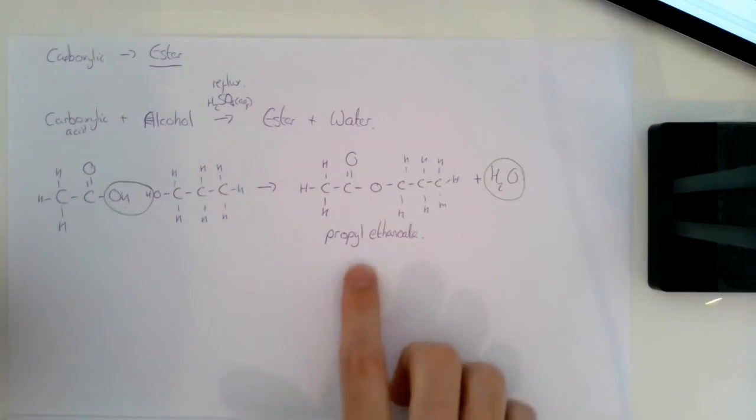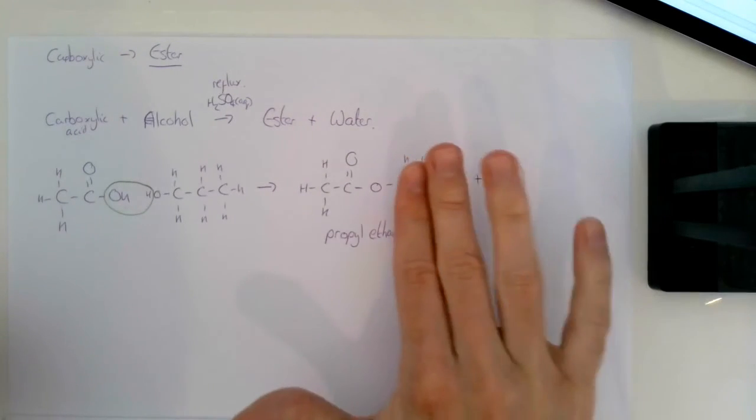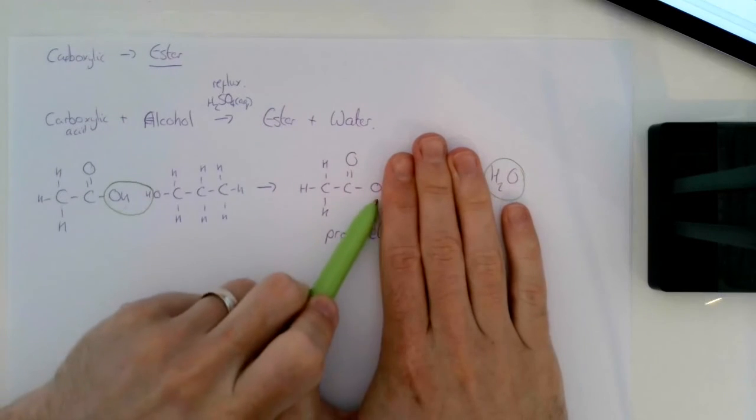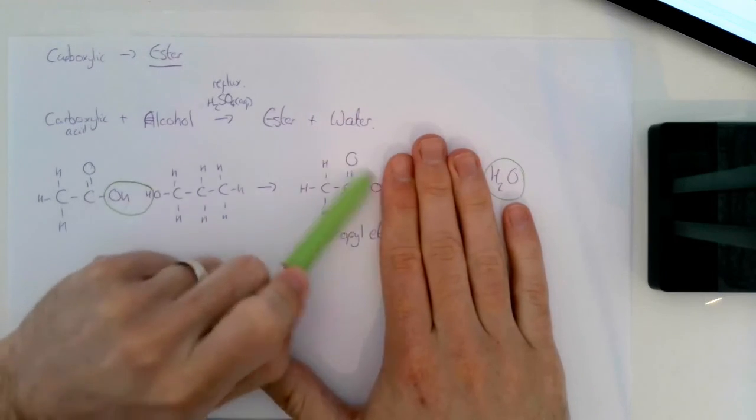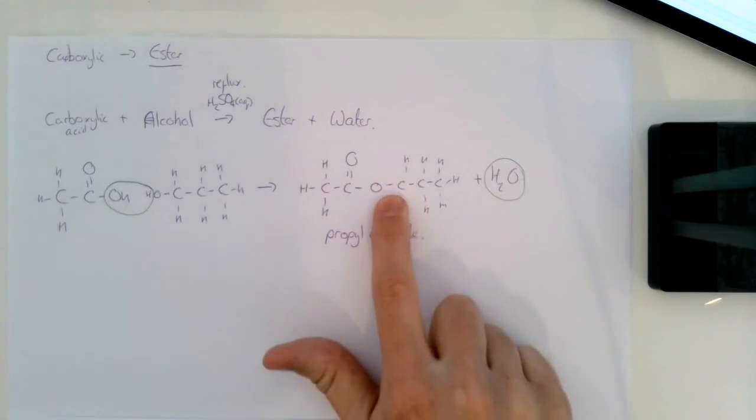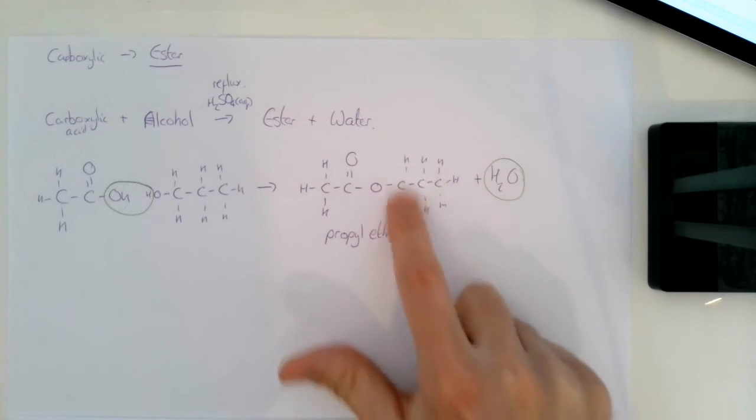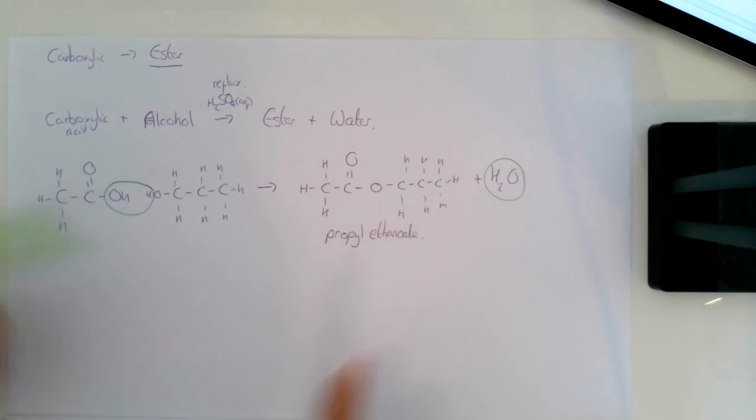So we'll do another example in a minute and you'll see the naming system, but we practiced before how to name these sorts of salts, so let's say potassium ethanoate, and now all we've done is swap out the metal for a carbon chain, so propyl ethanoate.